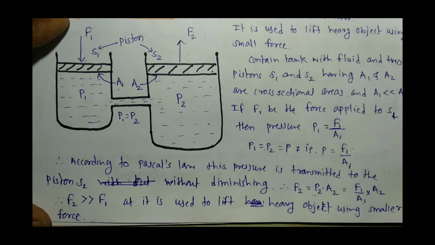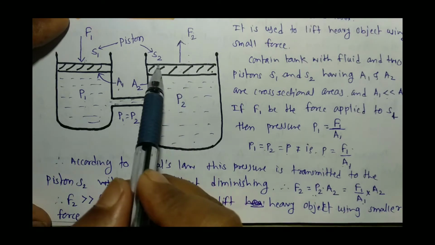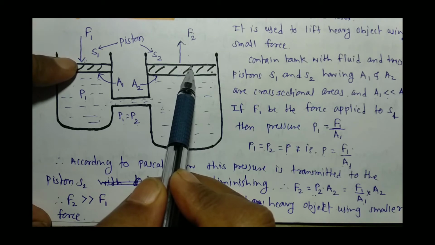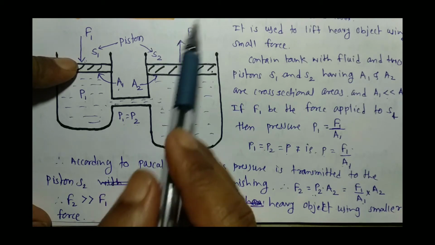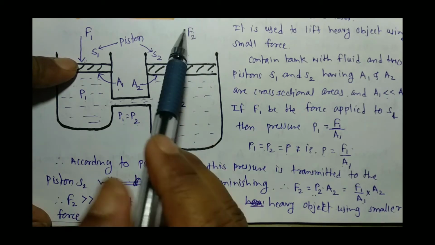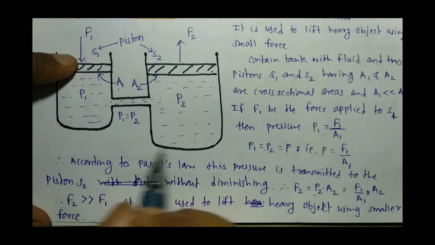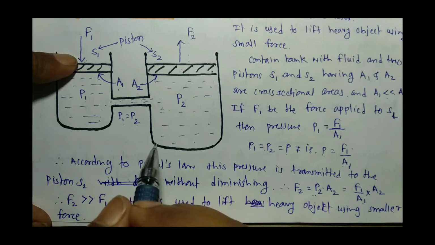That means a heavy load can be placed on the S2 piston, and we apply a small force at the S1 piston. This heavy load can be easily lifted by using that small force, and this is the principle of the hydraulic lift.